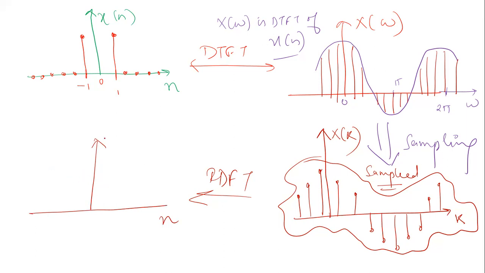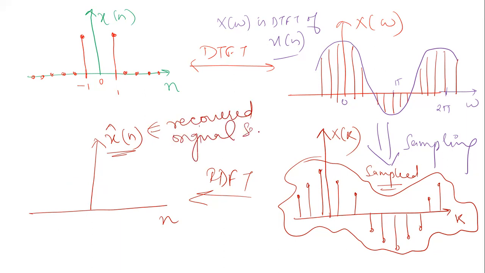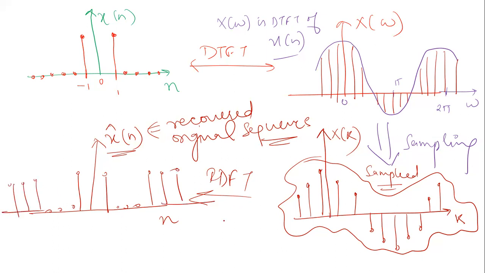So you'll easily get x bar[n], let us say. This is the recovered original sequence. It would be like this, and then for N points we'll have it like this. We'll see why it is so through numerical examples also.